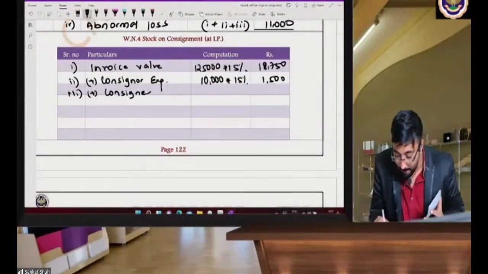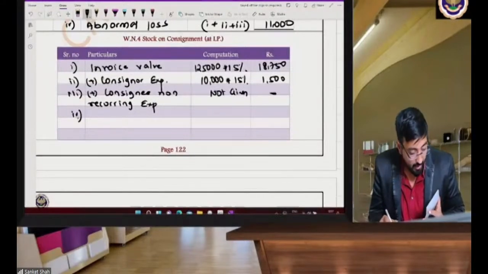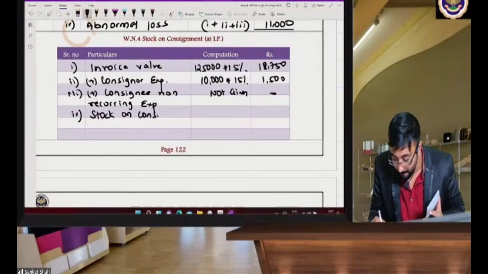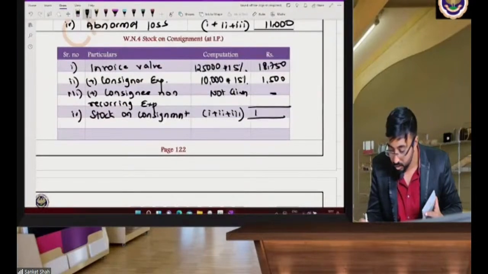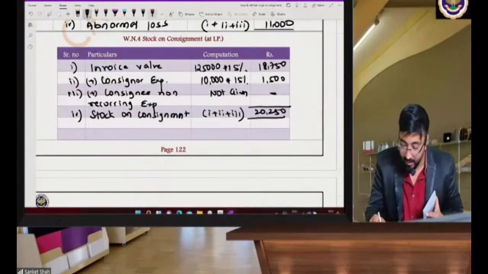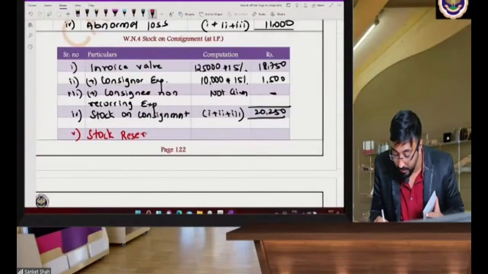Roman 3, consignee's non-recurring expense, not given, so dash. And Roman 4, stock on consignment is 1 plus 2 plus 3. So this is 20,250. And red pen, you can write stock reserve here only.